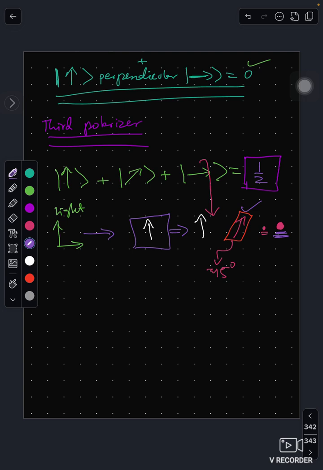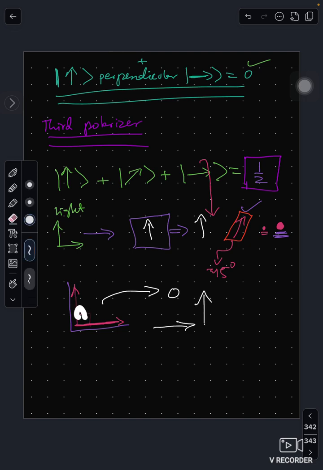So in the graph, if this is the vertical, and this is the horizontal, now this is a 90-degree angle, so that means the amount of light going through is 0, because they're at a 90-degree angle. This one is stopped, this one is stopped.